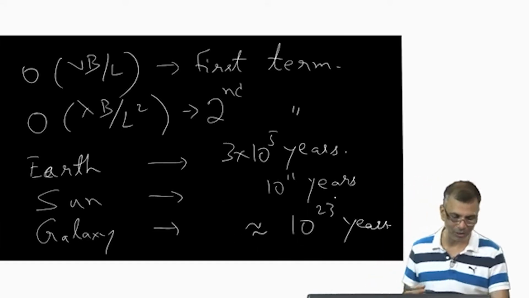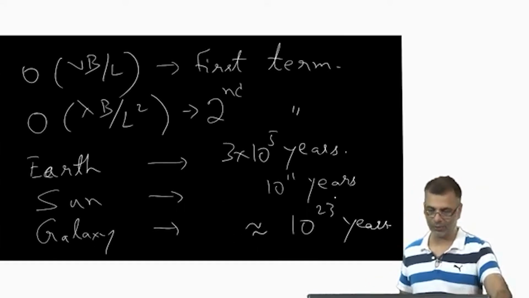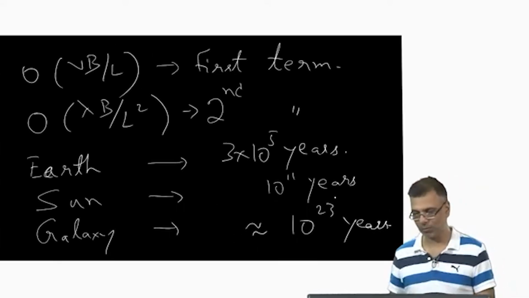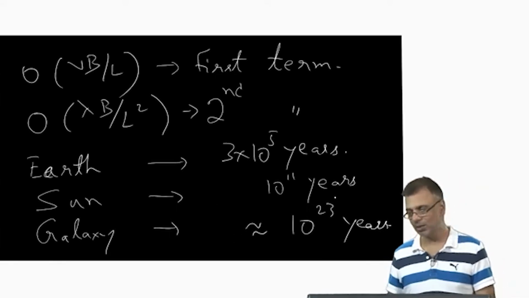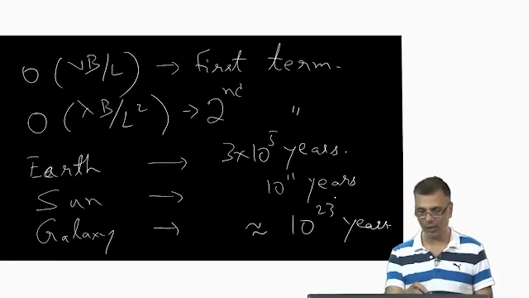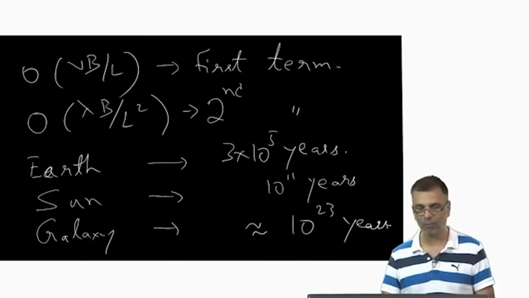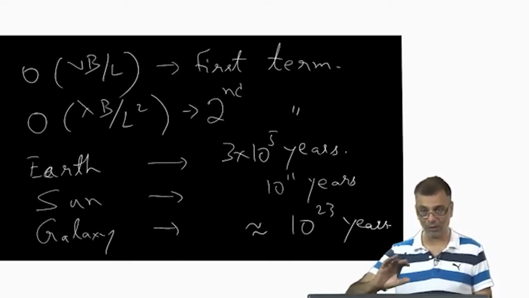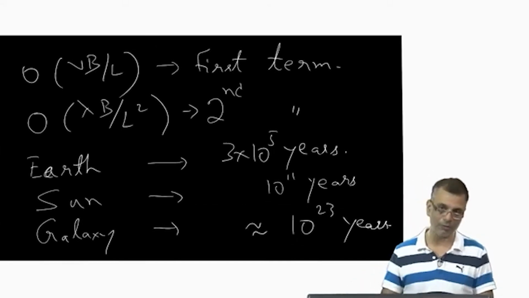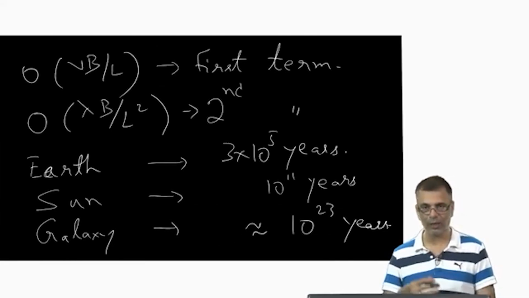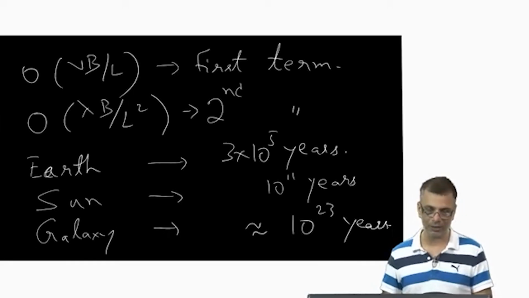So as such the field would have decayed away before this, but you do need a dynamo to regenerate the field, and at least for the Sun it becomes a bit of an issue because we've seen that there's observational evidence that the field is not only regenerated but it also flips every 11 years.